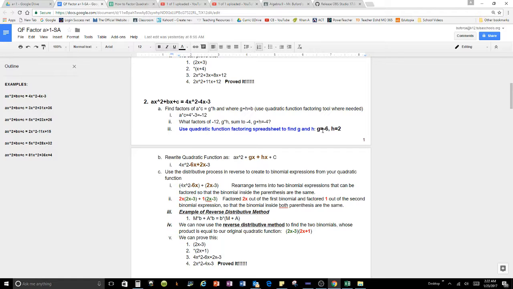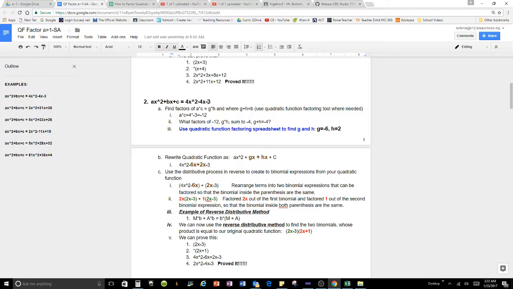But again, this g and h value are not the solutions like they are normally. What they do is allow us to break our b value up into two separate pieces. When our equation started off, our b value is minus 4x. Now we're going to convert our b value into two components, minus 6x and plus 2x. So basically we take the x squared portion of our quadratic function, 4x squared, and put it on the left.